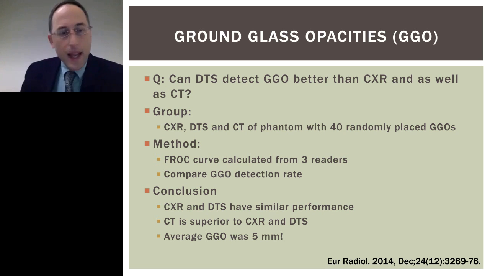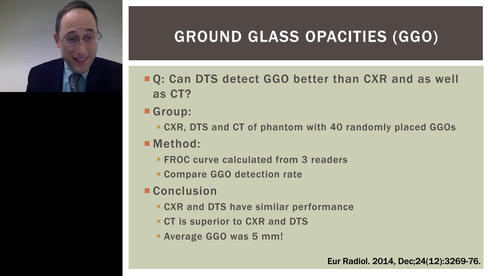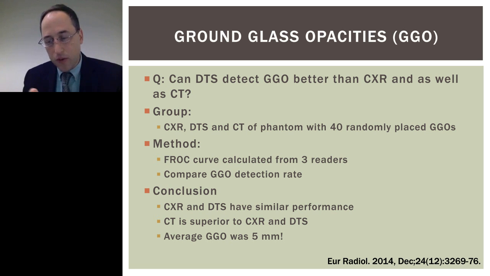All right, I have no doubt that CT is probably superior to tomosynthesis for detecting ground glass. It is far superior to chest x-ray, chest radiography. But in this study, the ground glass opacities that they put in the patient were 5 millimeters or less. So those are sizes that we know tomo has difficulty detecting, number one.